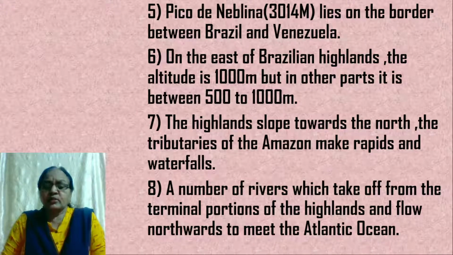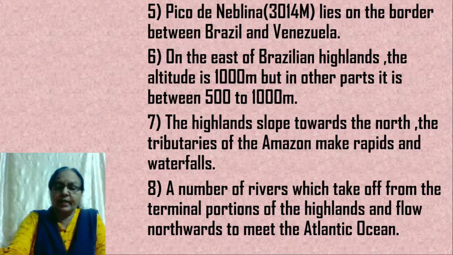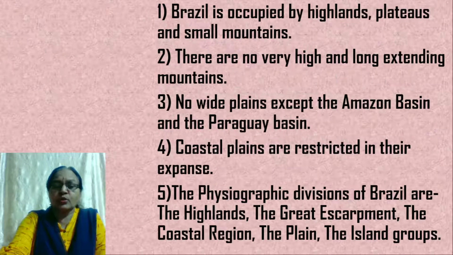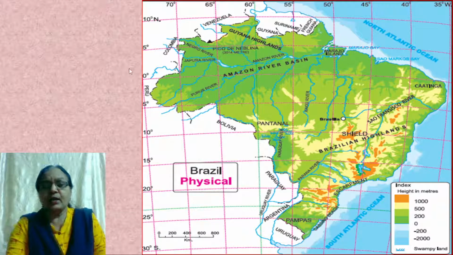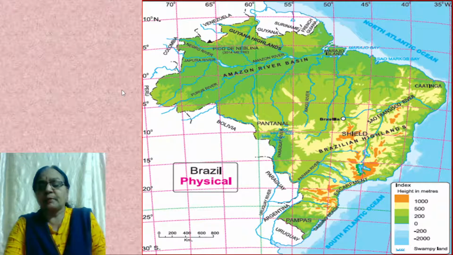A number of rivers take off from the terminal portion of the highlands and flow northwards to meet the Atlantic Ocean. Okay, so if you look at the map here, because of the slope of the Brazilian highlands, the Amazon River flows north, and along its way it makes various rapids and waterfalls.